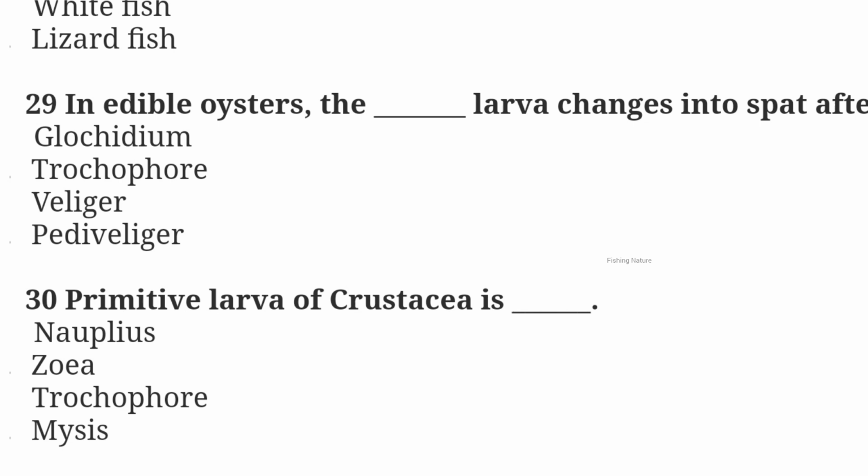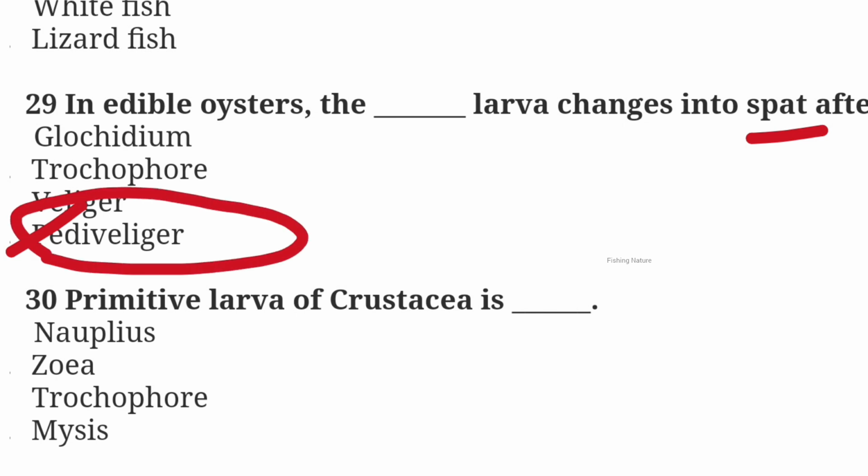It is the pediveliger, the larva which changes into the spat in 14 to 19 days. Next, the primitive larva of crustacea is a nauplius, zoea, or another form; which is the primitive one in crustacea? The nauplius is the primitive larva.